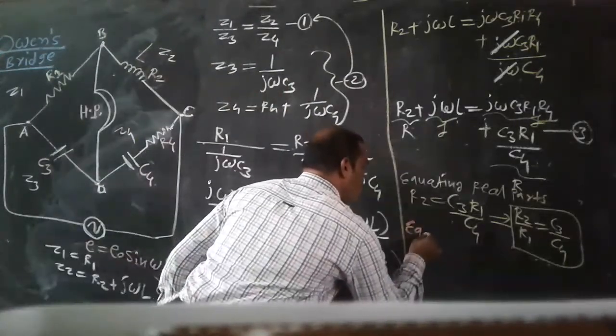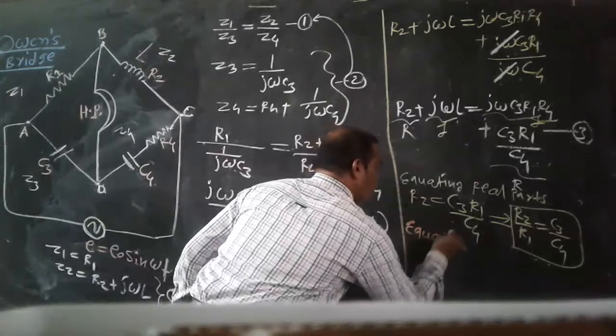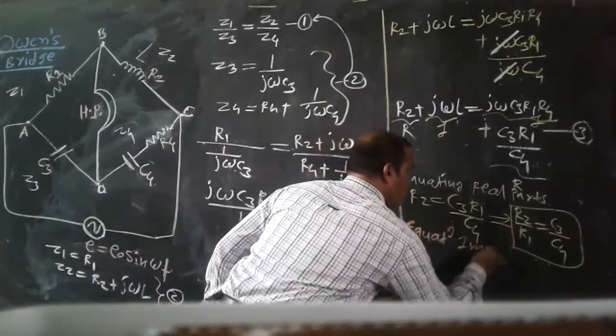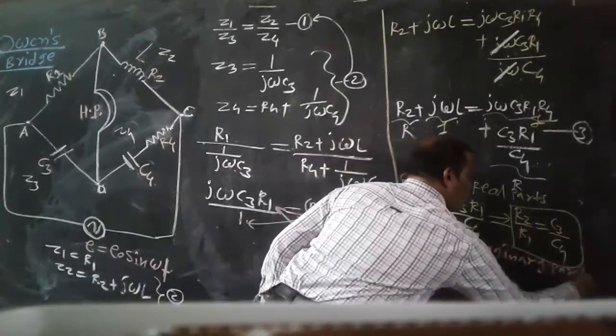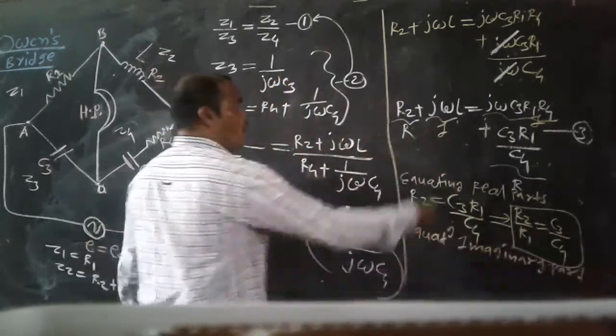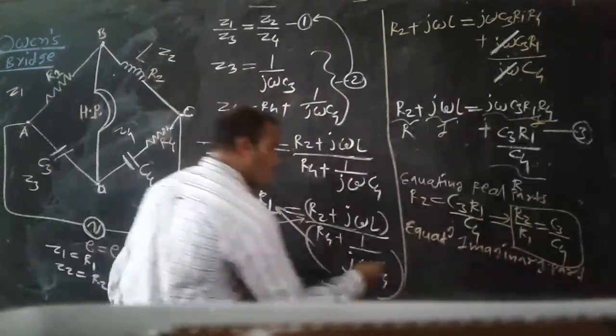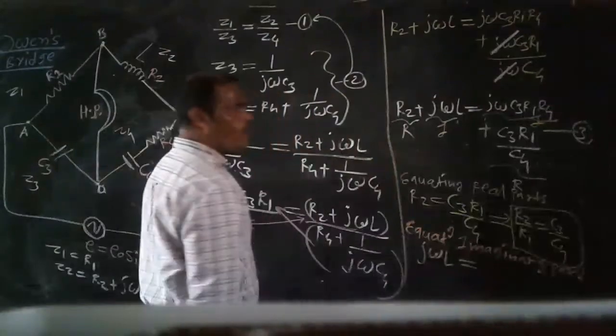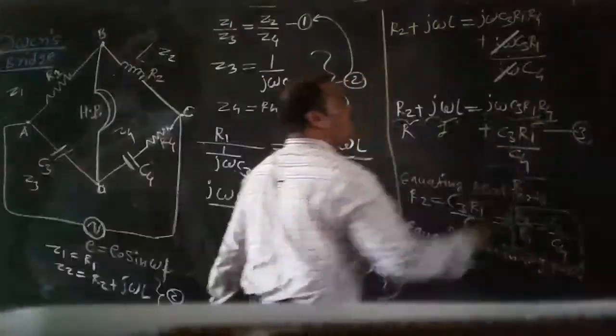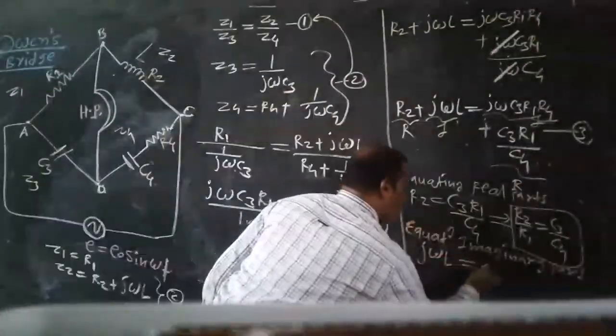And equating imaginary parts, we get j omega L equal to j omega C3 R1 R4.